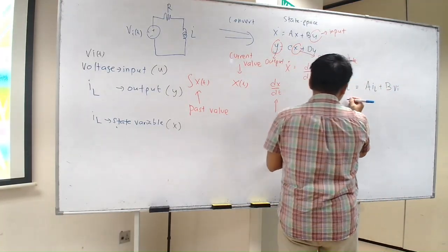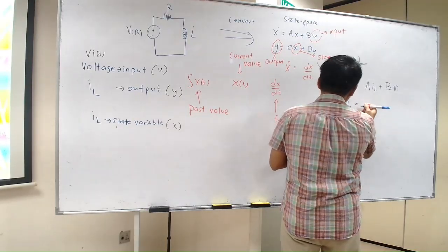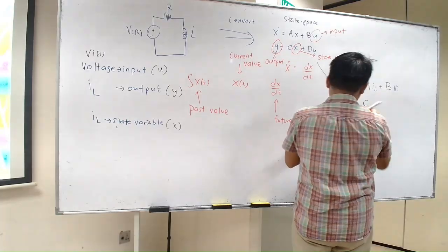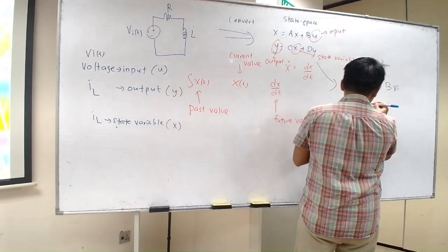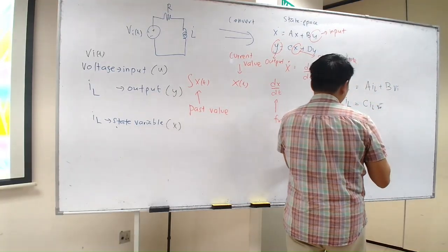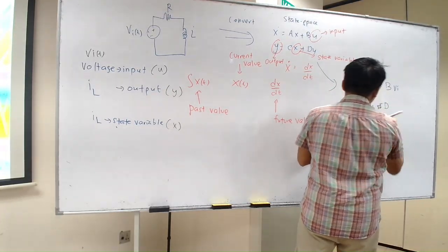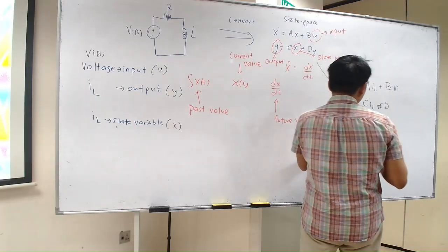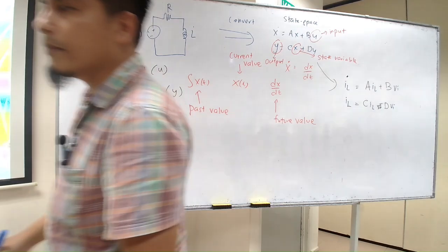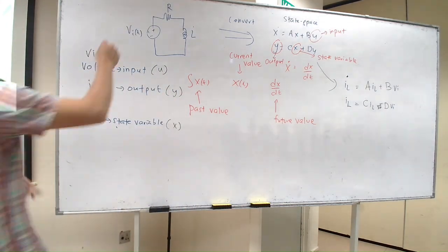Then Y equal to IL also, same thing. C, X equal to IL plus with D, U equal to VI. Okay. This is your question.